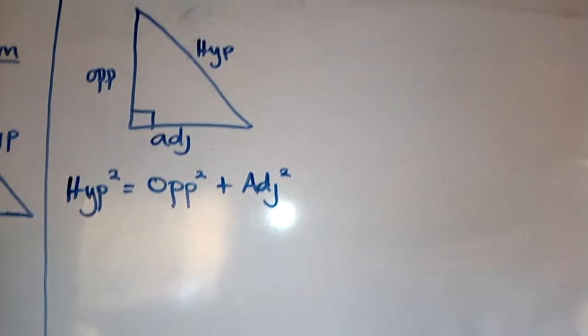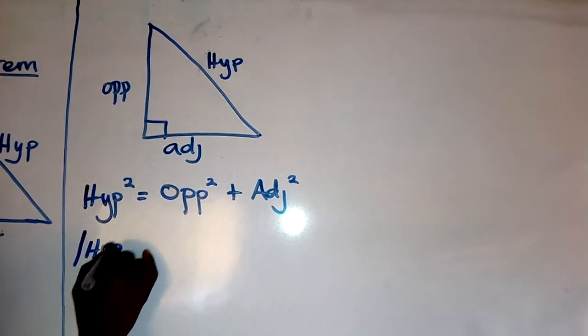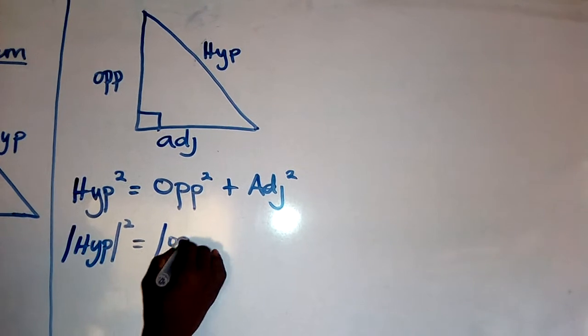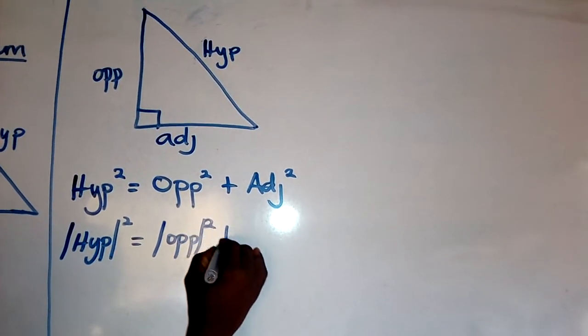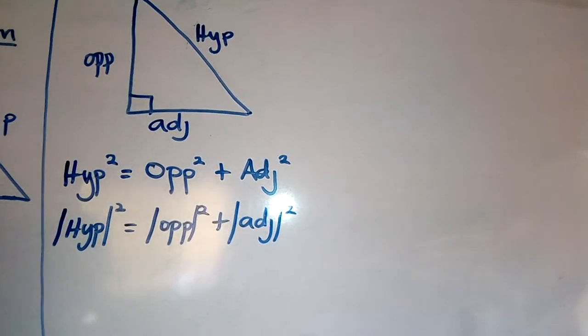This means the line of your hypotenuse squared is equal to the square of the line of your opposite plus the square of the line of your adjacent.